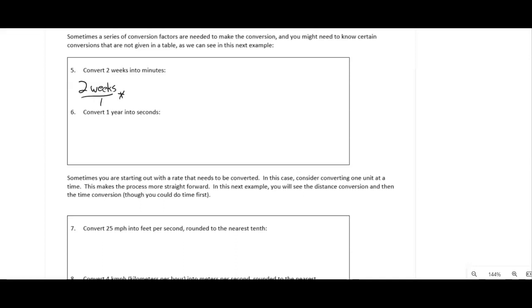Some facts you might just need to know, like in 1 week, there are 7 days. And then in 1 day, there are 24 hours. And in 1 hour, there are 60 minutes.